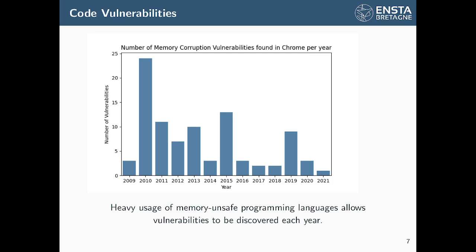So this is just to show that this is not a particularly bizarre hypothesis to make, because for now in 2021 we have found 3 vulnerabilities that are memory corruptions that can basically help you disrupt the execution flow or overwrite a function pointer, for example.